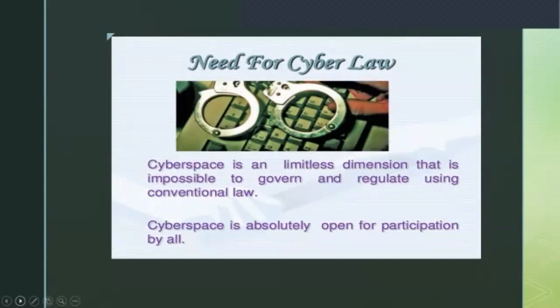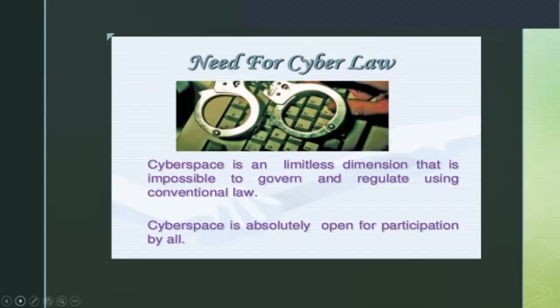What is the need of cyber law? Can anyone explain to me the need of cyber law? One of the needs is definitely to provide security over the net. That is definitely one of the reasons.